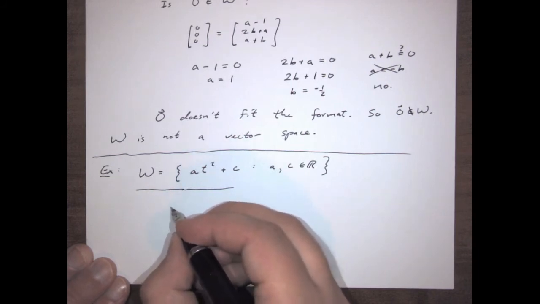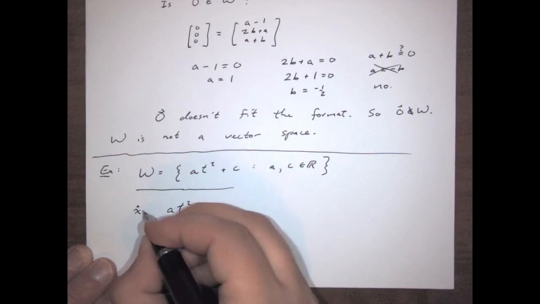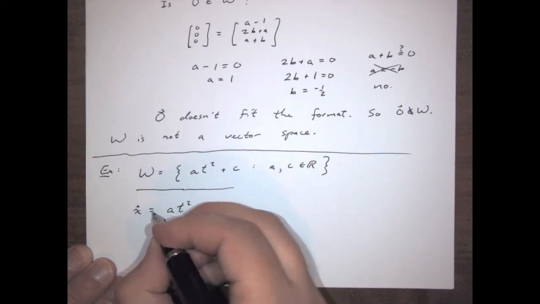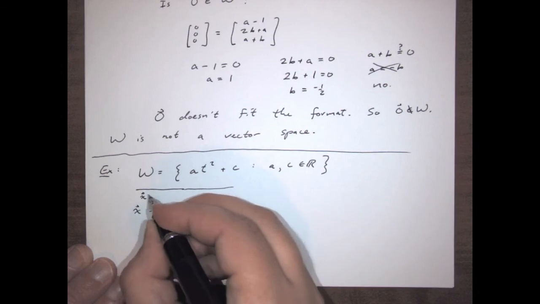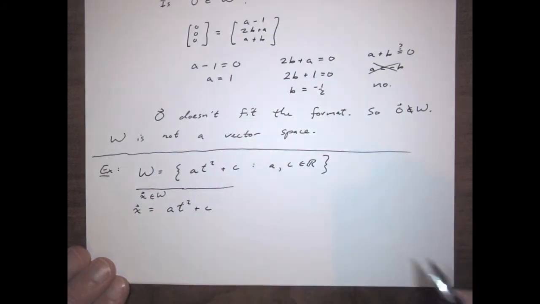So then, what we have here is a t squared, so a generic element of W, at squared plus c.